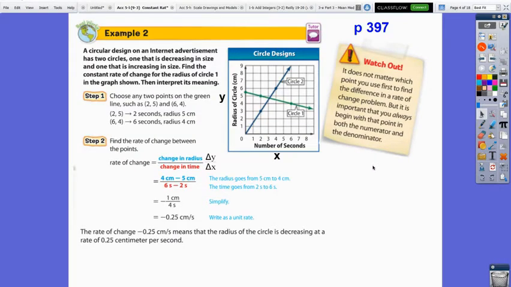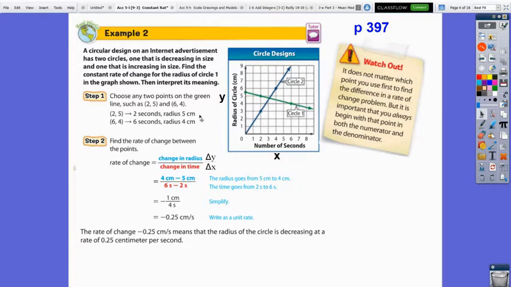You can also find the rate of change from a graph. If the graph is a straight line, then the rate of change is constant. And it doesn't matter which points you use to find the constant rate of change. Now, there are two problems on this graph. So the example that's done out here is on circle 1, the green line.